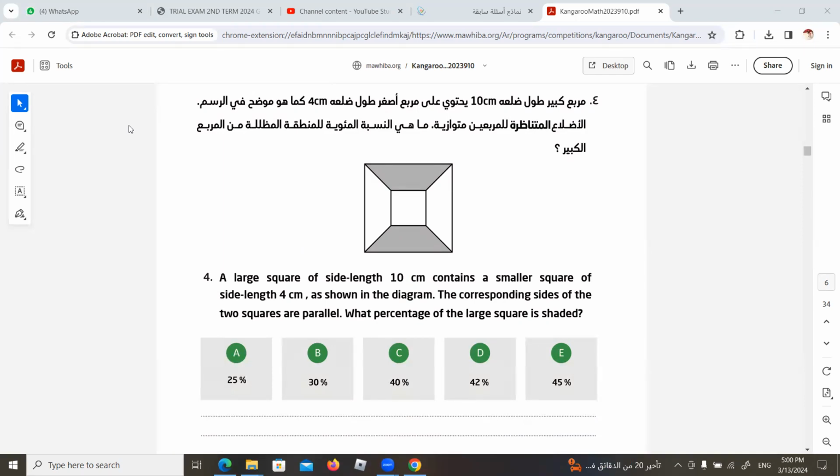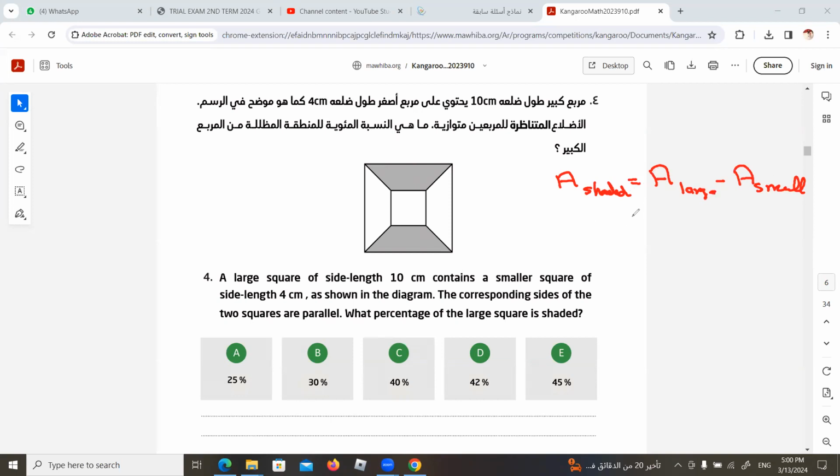To get the percent of the shaded region, we depend on the rule. The rule says the area of the shaded region will be equal to the large area minus the small area.